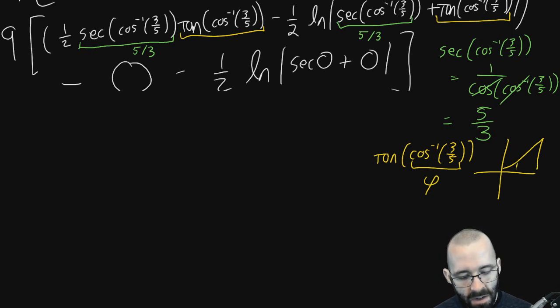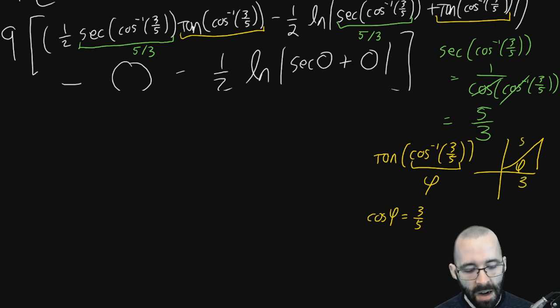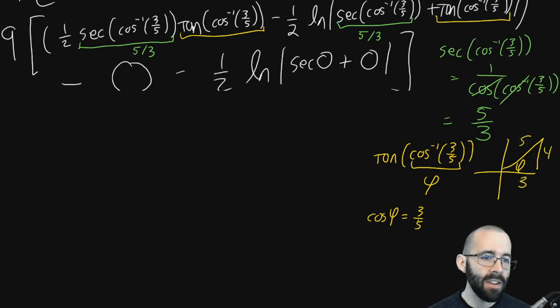Cosine of that angle is 3/5, and cosine is adjacent over hypotenuse. The Pythagorean theorem gives us that the other side is 4. So tangent of that angle is just 4/3, opposite over adjacent.